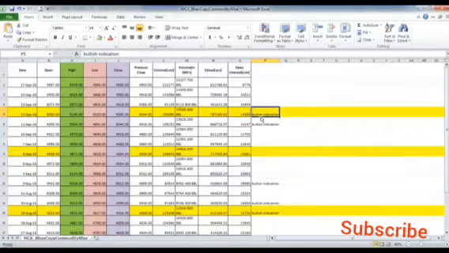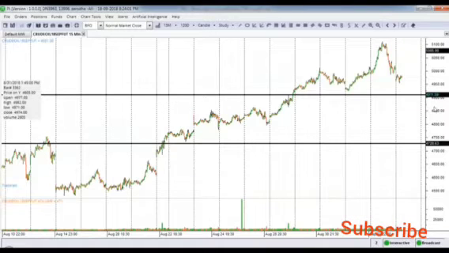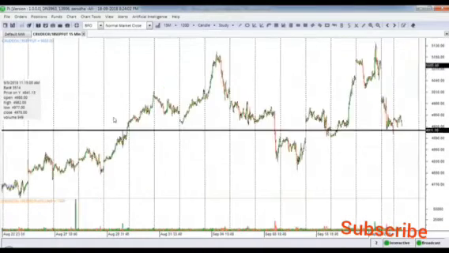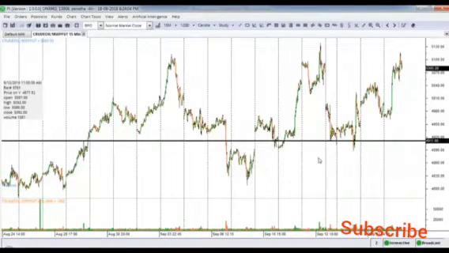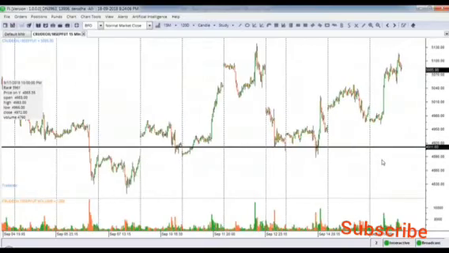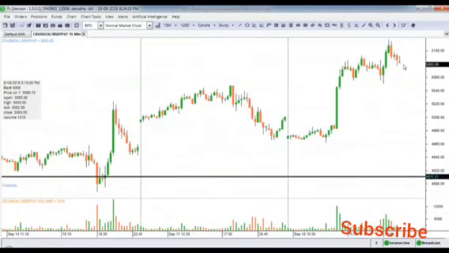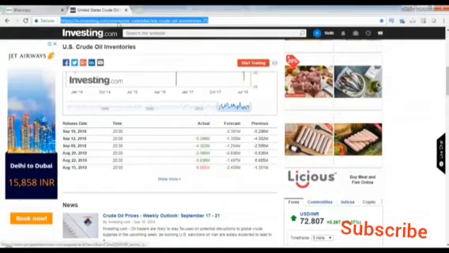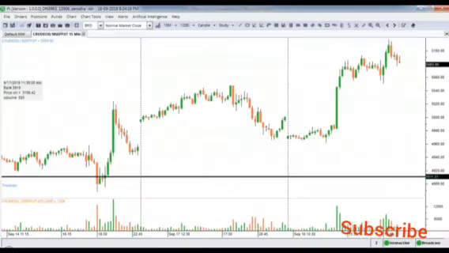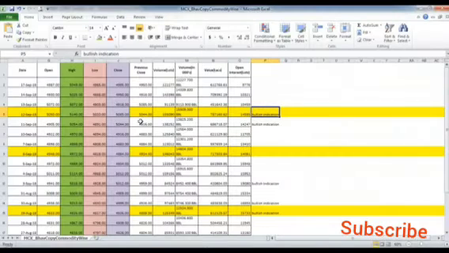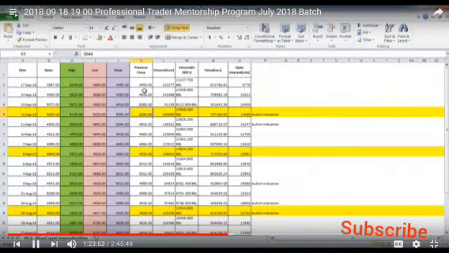Now, if it is a bullish indication, what is the current price? Roughly 5100, right? So it was 5000.